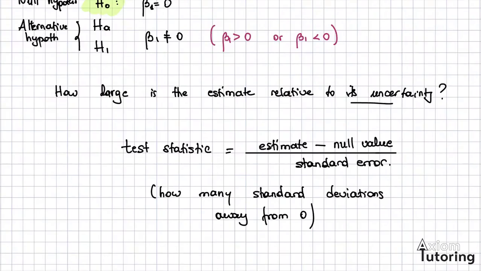Now, under the null hypothesis and under the assumptions needed for inference, again referring to the Gauss-Markov assumptions, this test statistic follows a known distribution. It can be a Z distribution, though most of the time it is a t distribution that you will see. The distribution tells us what distances are typical and what distances are rare, just as we saw in the previous videos in this playlist. So we now have everything we need to judge that extremeness, especially since we've been exposed to the idea of the p-value.